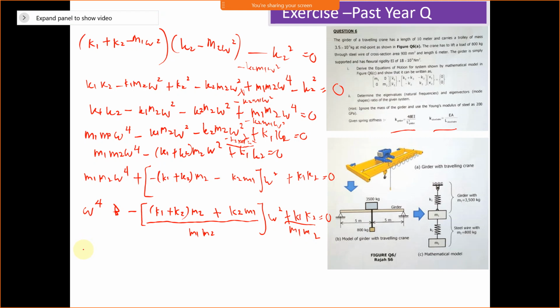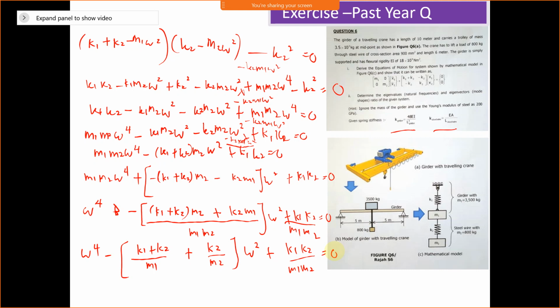So then kita akan dapat omega to the power 4 minus, kita buat satu-satu lah, K1 plus K2 over M1 sebab kita cancel out yang atas, and then kat sini akan jadi plus K2 over M2 omega square plus K1 K2 over M1 M2 equals to 0. Betul. Alright.